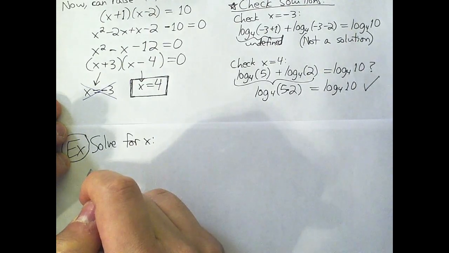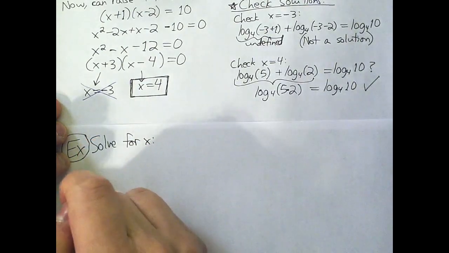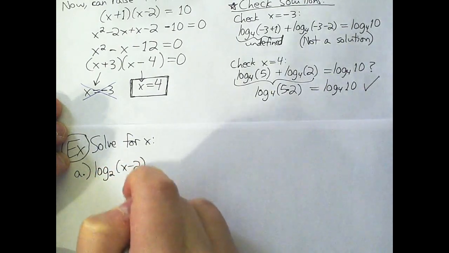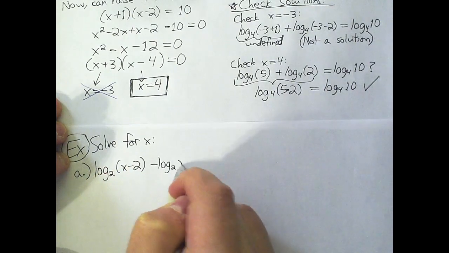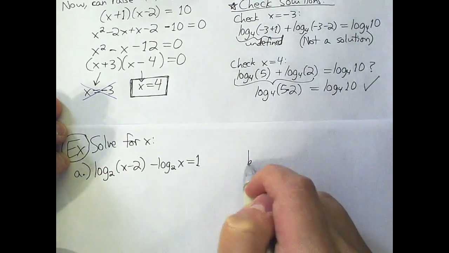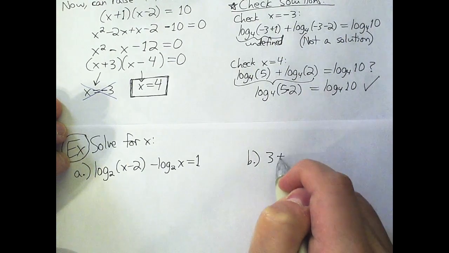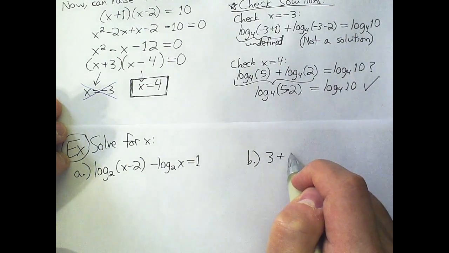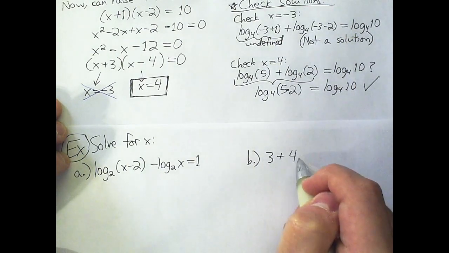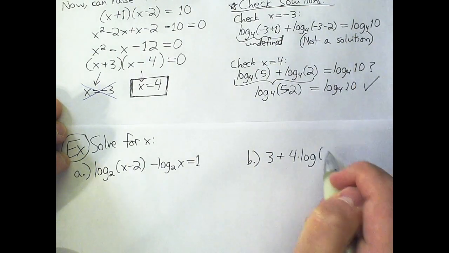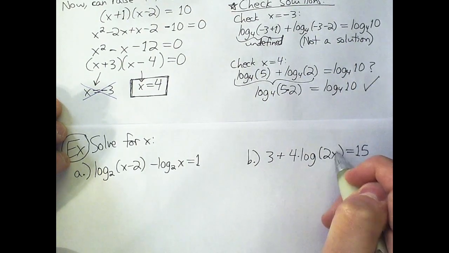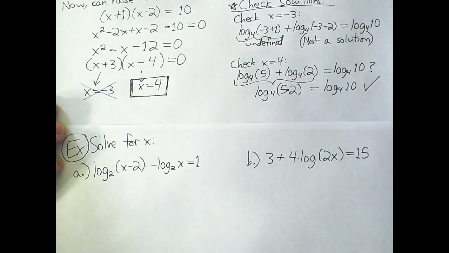I'm going to give you 2 problems. Log base 2 of x minus 2 minus log base 2 of x equals 1. That's part A. And part B over here, 3 plus... Thinking we didn't do this problem, did we? No, we did one similar to this, but we didn't do this. All right. There's a part A and a part B. I'd suggest that you pause the video, take a couple of minutes, and see if you can do both of these before we talk about them.